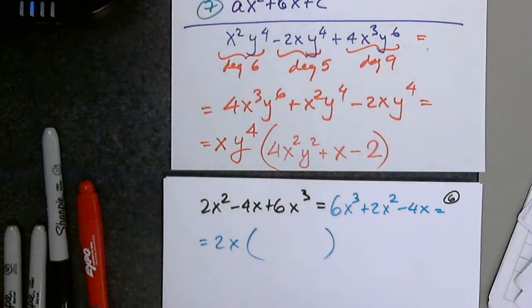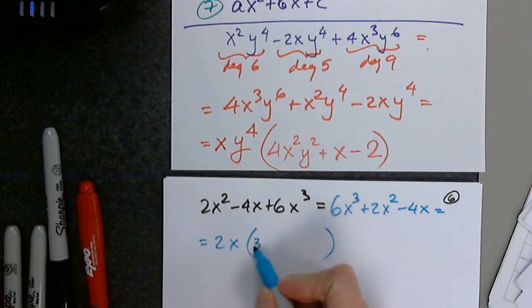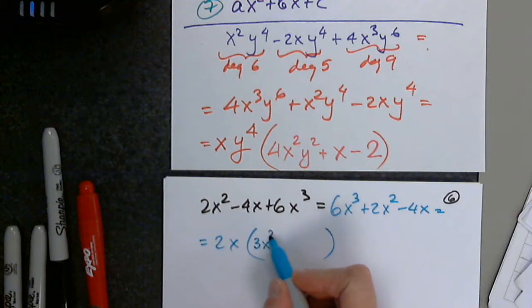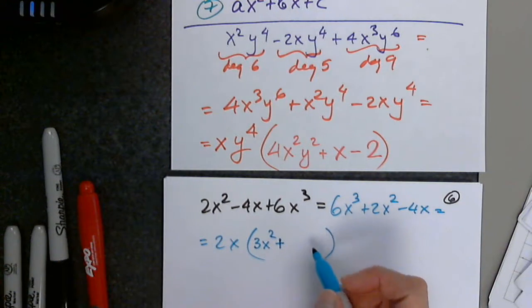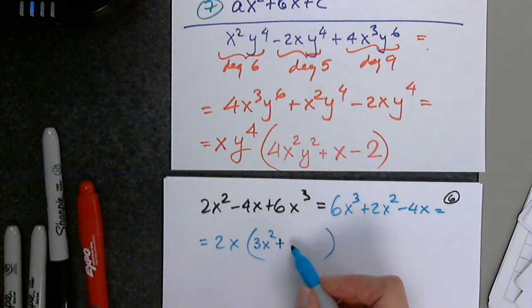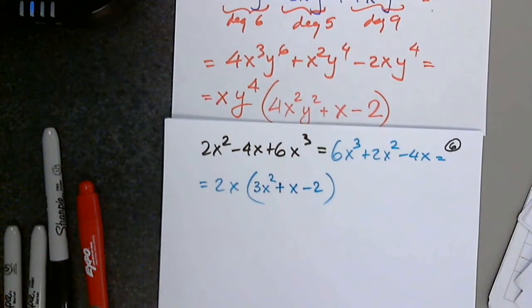Excellent. How many terms will you have in parentheses? Yes. And they are? 3x squared plus, perfect, plus x, yes, minus, done. There is nothing else we can do in there.